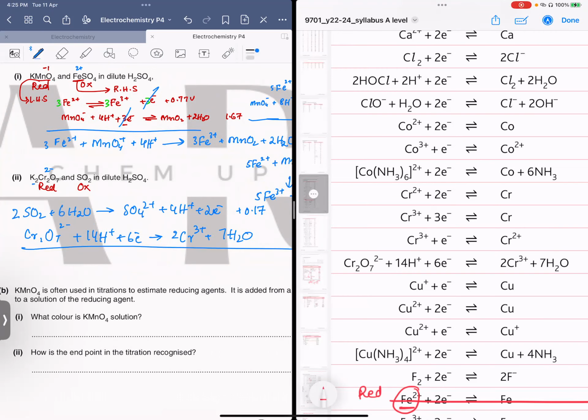So 3, 6, 3 sulfate. Here it would be 12 hydrogen ions and 6 electrons. Now I would add this.